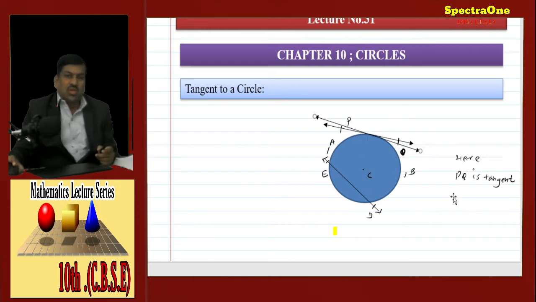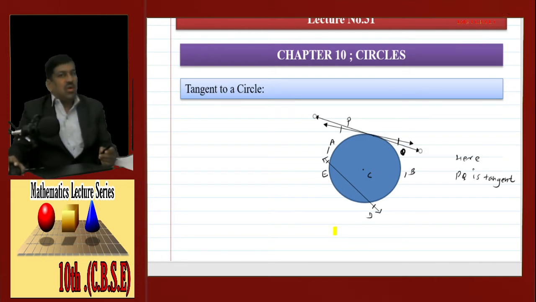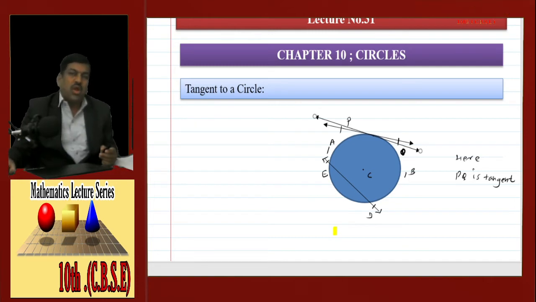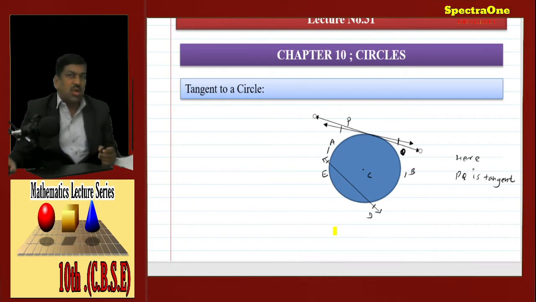So we can draw an infinite number of tangent lines at a single point of a circle. Are you getting my point? So this line is making a single contact at a single point, that means it is a tangent. It is important: a single point on the circle has infinite number of tangent lines. That is very important.